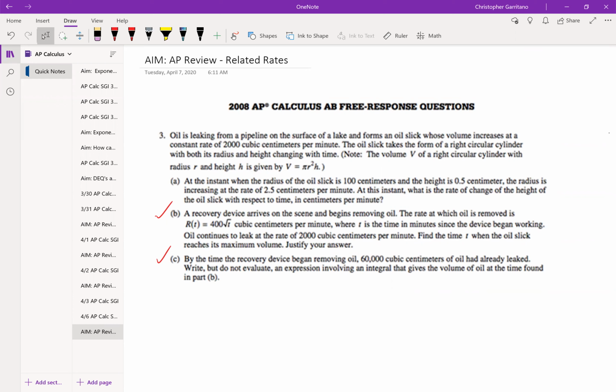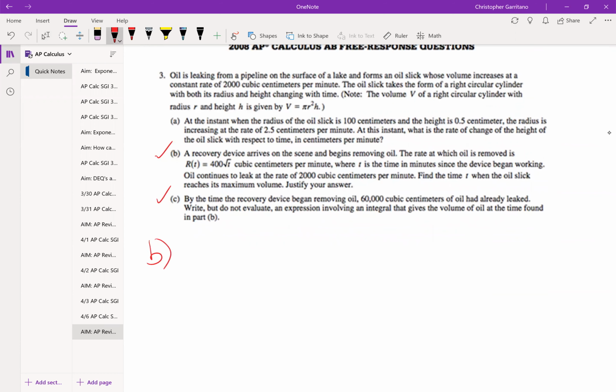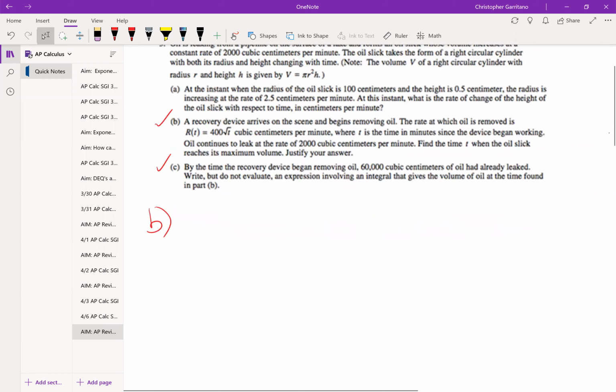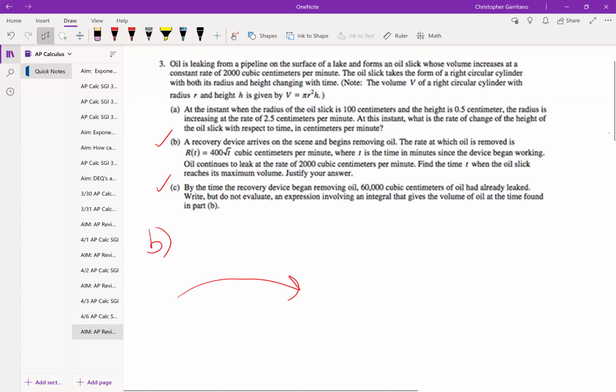So this is one of those rate in, rate out type problems. The idea is there's oil floating in from the pipeline. And with these problems, I just think of it in a very simple way.